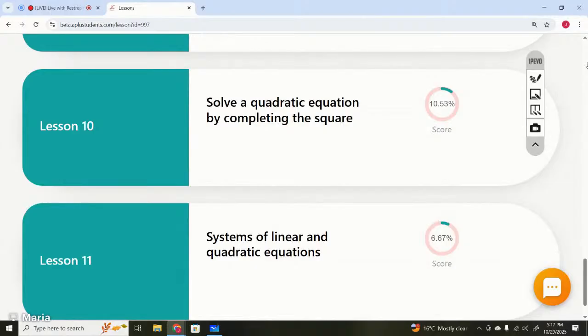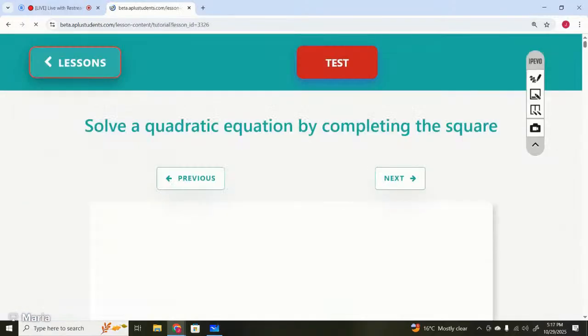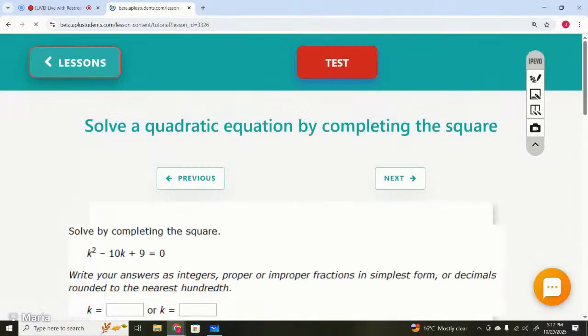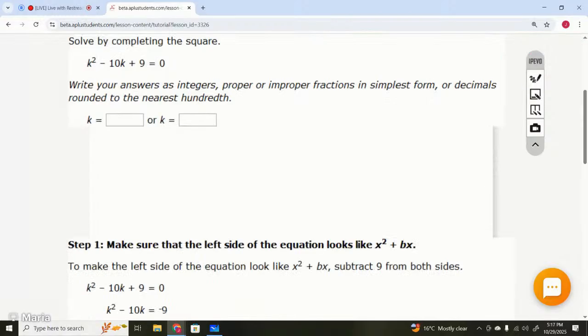Solve a quadratic equation by completing the square. Solve by completing the square. k square minus 10k plus 9 equals 0.